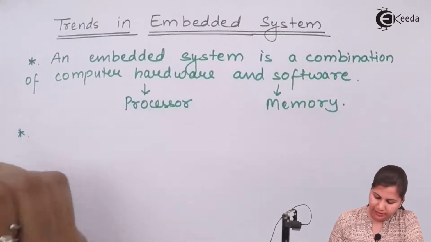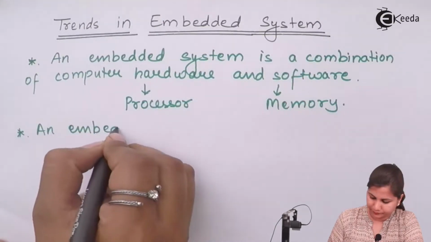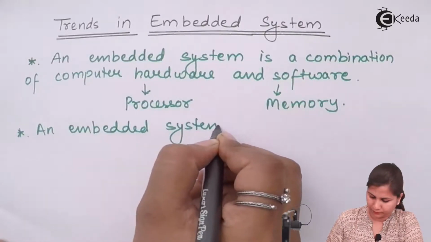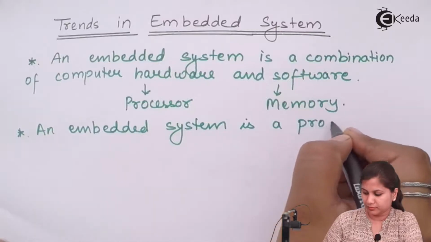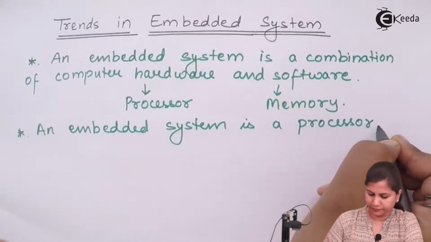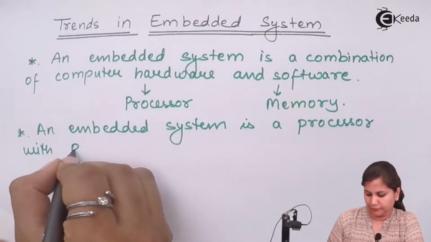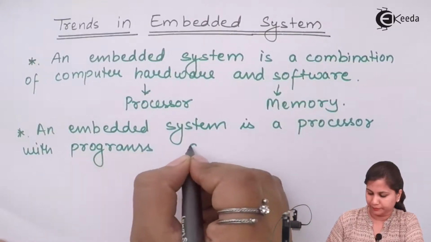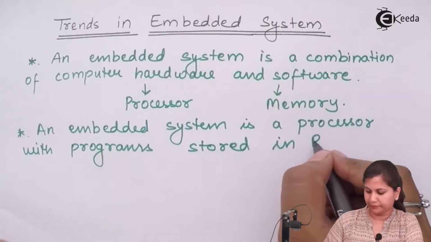So an embedded system is a processor with programs stored in RAM.